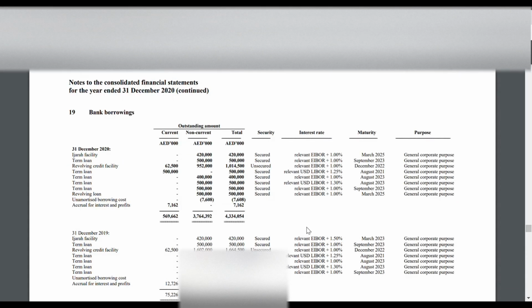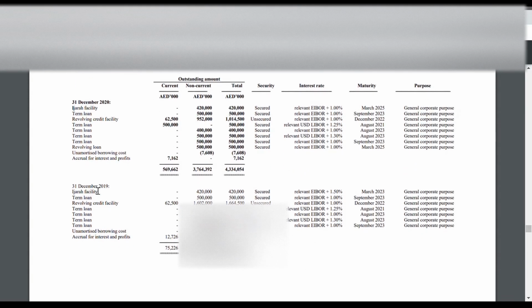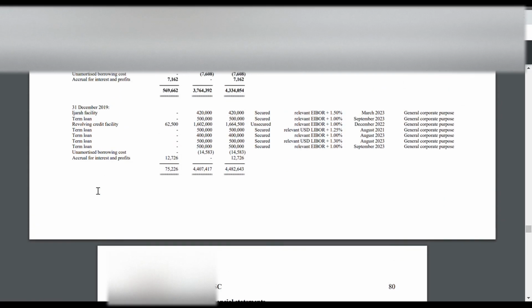This is the breakdown of the complete borrowings. It gives you an idea of the interest rate, IBOR plus 1%, the credit spread, the maturity of the loan, the Ijara facility, and other Islamic financing instruments we can see here. It's a revolving loan, a term loan.